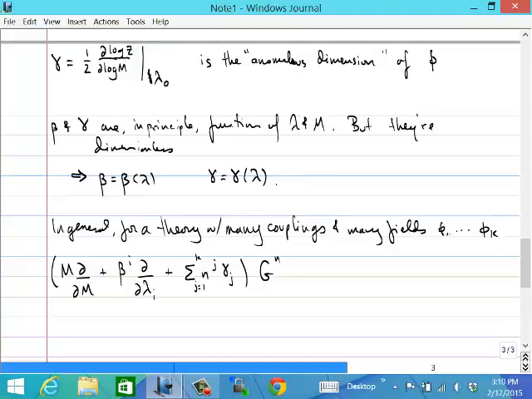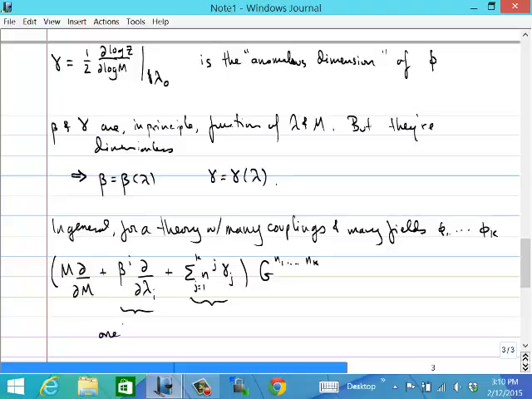Then there'll be an anomalous dimension gamma j for every field. And if you want to calculate a Green's function where you have, say, n1 insertions of field phi 1 and up to nk insertions of field phi k, then what you'll have is a beta function for each dimensionless coupling in the theory, and you'll have anomalous dimensions for each field in the correlation function that you're trying to study.